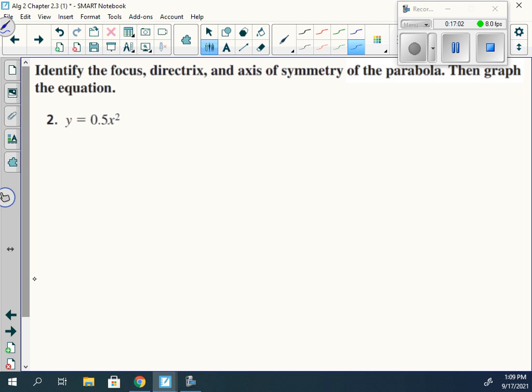All right, so we again want to identify the focus, directrix, and axis of symmetry. And they gave us the equation y equals 0.5x squared. Which general equation would we use?